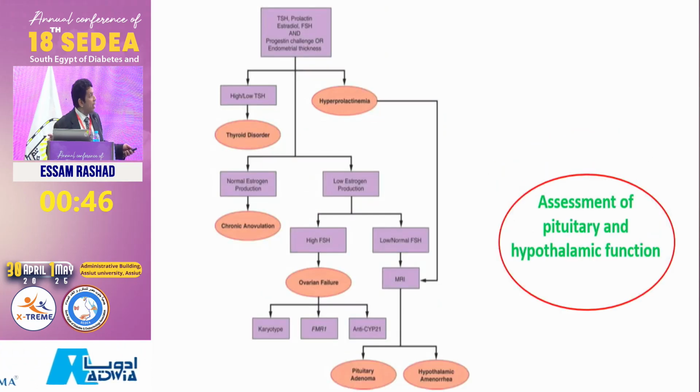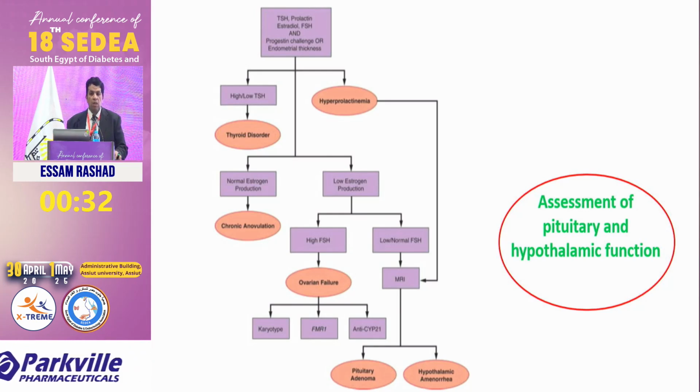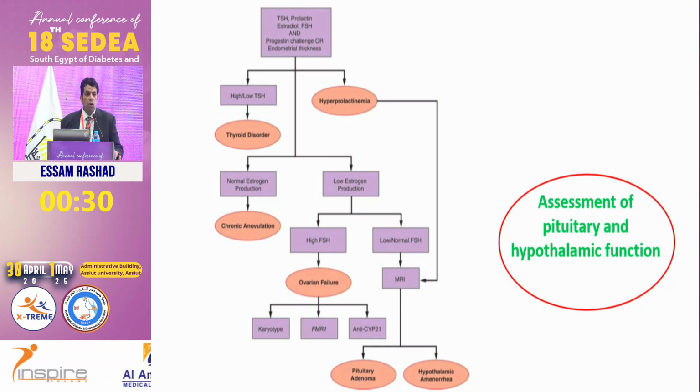So we move again to the higher centers. If we think we have low estrogen production with high FSH, this is ovarian failure. With low FSH, we need to think of the pituitary or the hypothalamus. We can check that with an MRI on the pituitary. If we have a pituitary tumor or a pituitary adenoma, we can treat it. Otherwise, it's a hypothalamic cause. And the hypothalamus collects information from different parts of the body.